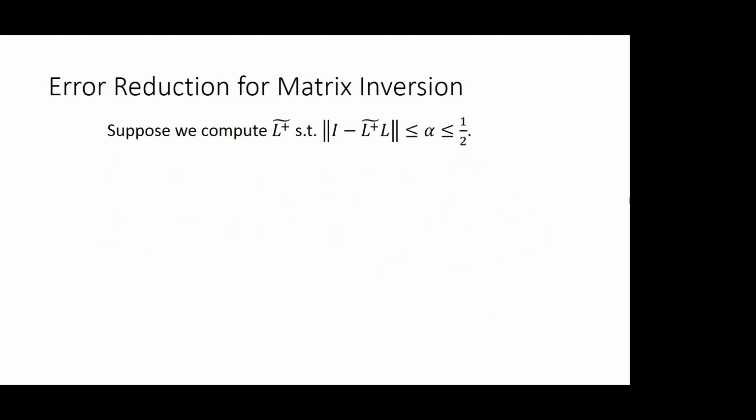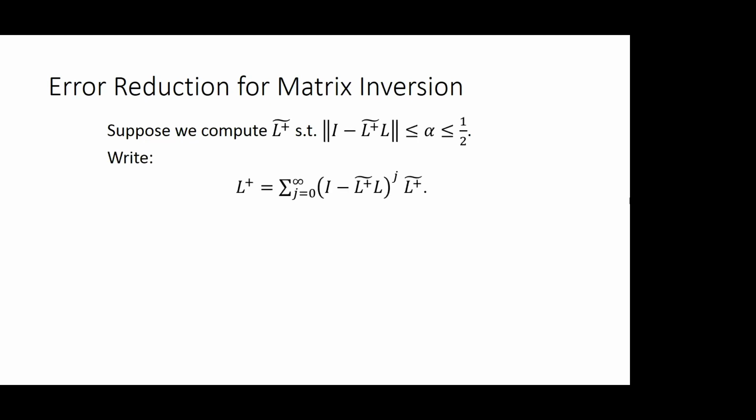So suppose that we have some approximation to L pseudo inverse such that the norm of I minus L pseudo inverse tilde, that's the approximation, times L is smallish, meaning some fraction alpha that's less than a half. If this looks familiar, it should, because it's the notion of approximation that we used when we analyzed preconditioned Richardson iteration in the last talk.